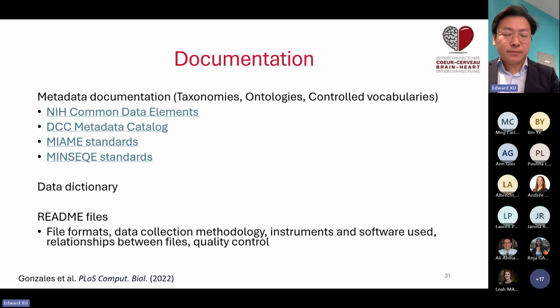And the README file is highly recommended. This includes key aspects, including the file formats, data collection methodology, instruments and software used, and the relationship between different files, and any quality control measures you have taken.